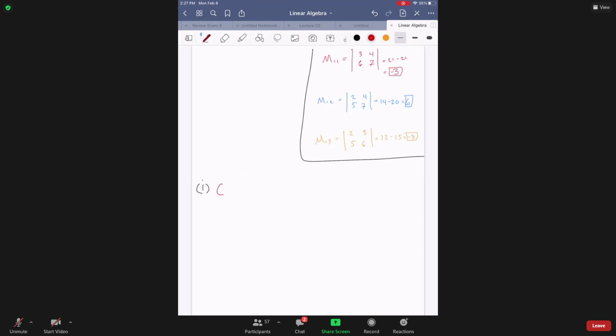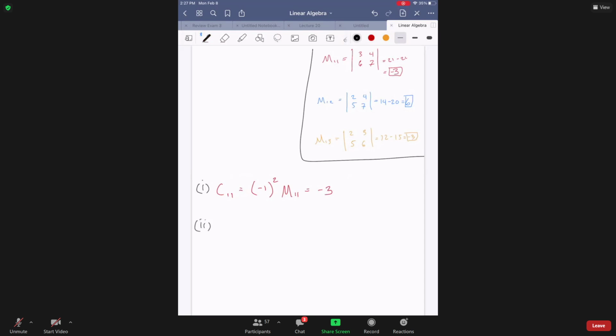So C, the cofactor 1,1, right? Well, what's that going to be? It's going to be equal to -1 to the 1 plus 1 power, which is just -1 squared, times M11. Well, -1 squared is just 1, M11 is -3, so this would be -3.